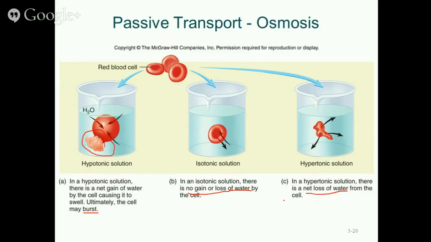Remember the golden rule, if we just look at the saying at the top here, water follows solute particles. See those arrows? It wants to follow those, and since there aren't any out here, water goes inside the cell, swells, and this is showing the cell actually rupturing and bursting, okay?